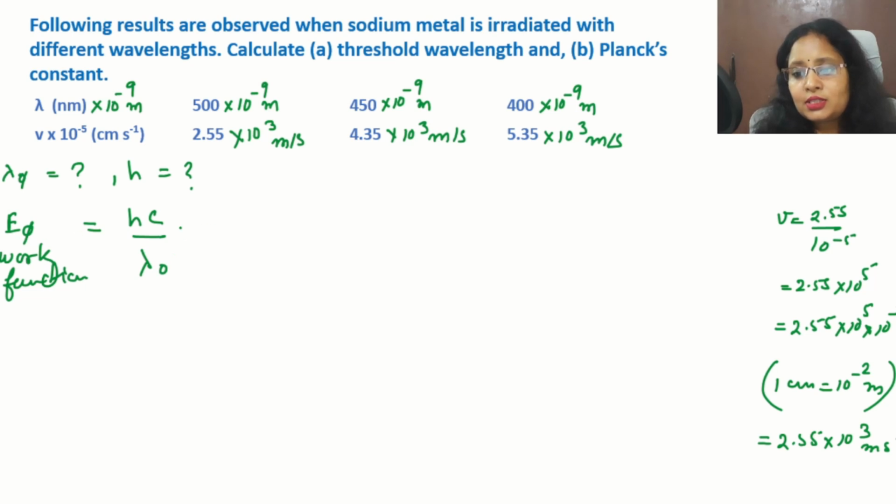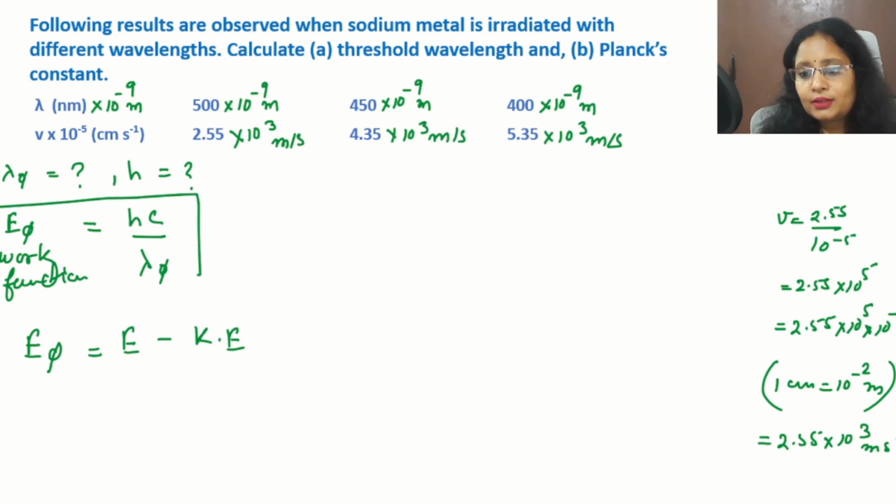So using this formula, we will calculate the threshold wavelength lambda naught. But before that, we need to calculate the work function. For work function, we have the formula work function E naught is equal to energy of the photon minus kinetic energy. So one formula is this and the second formula is this.